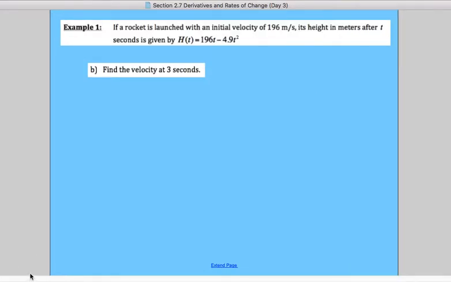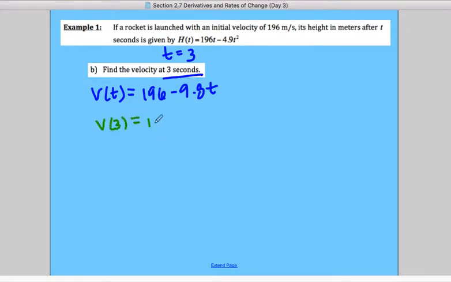Part B says find the velocity at 3 seconds. Well, the good news is in part A, we just found our velocity, our v of t, was 196 minus 9.8t, I do believe, if I go back. Yeah, that should be right. Okay, so in order to find this, I know what t is. t is equal to 3 seconds. So I'm going to go ahead and plug in 3 for t.